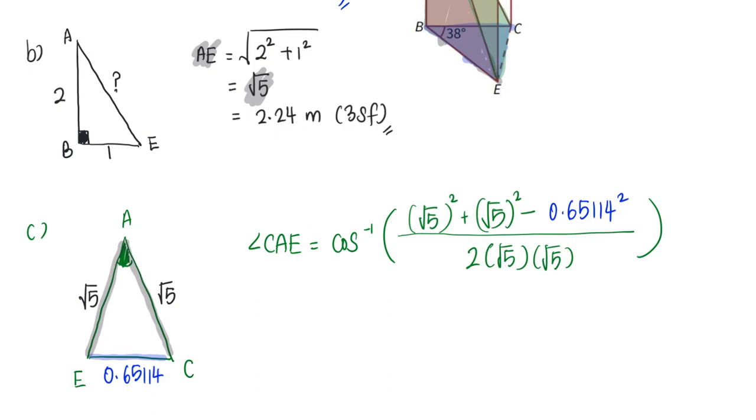Do take note, the square root 5 is here. And this will give us 16.744, so 16.7 degrees to 1 decimal place.